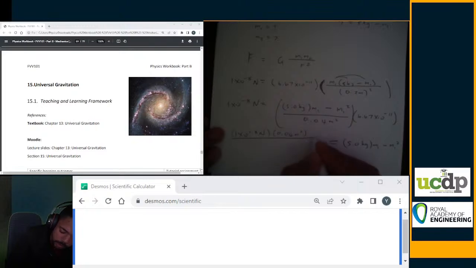We're just clearing all the clutter from that side, divided by 6.67 times 10 to the negative 11.